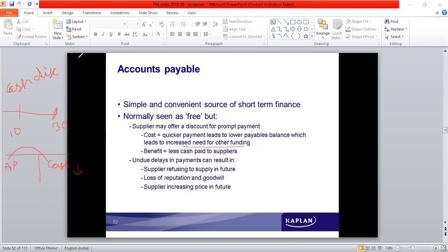Apart from that, what we need to look into is accounts payable is a short-term liability which has to be paid in the short run. So prompt payments to accounts payable indicate their credibility and their creditworthiness.